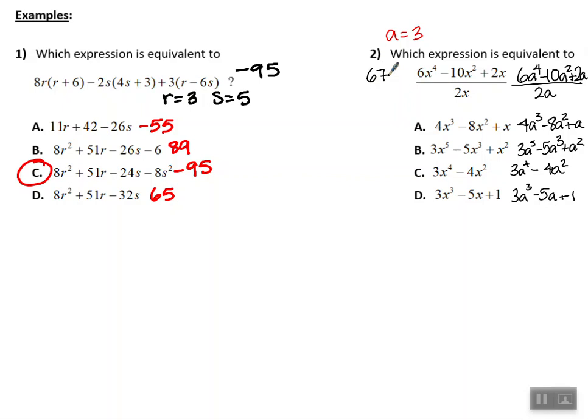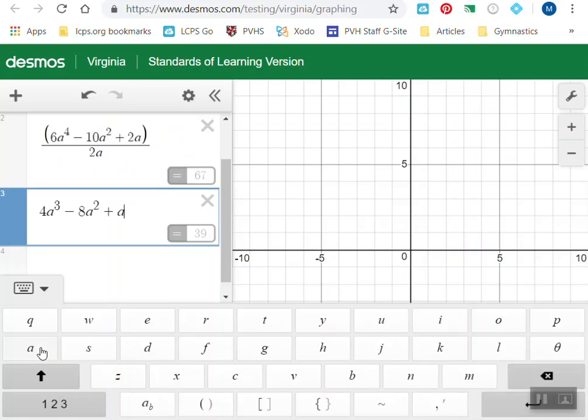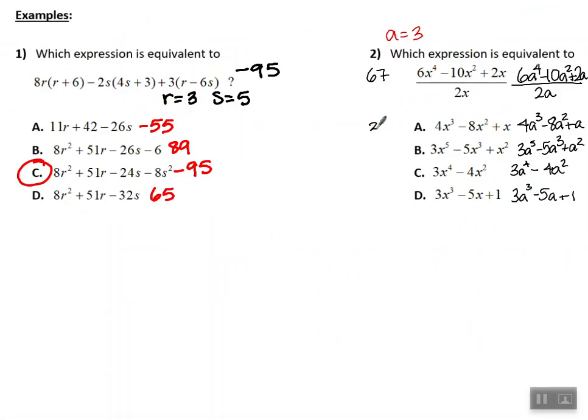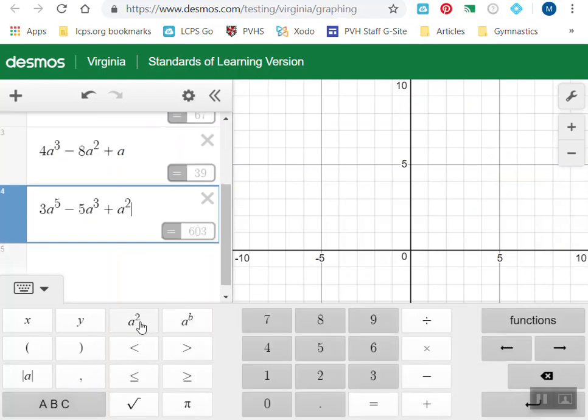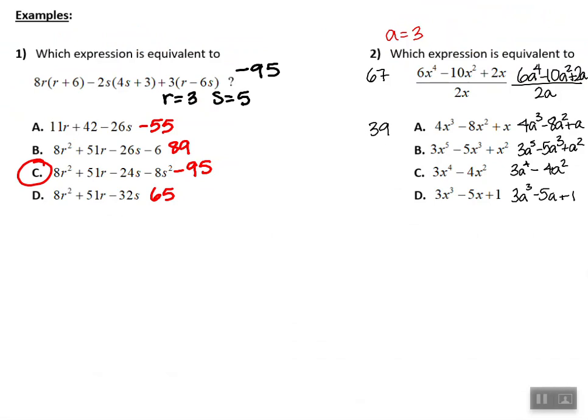Now I'm going to type in each of the answer choices and see which one gives me 67. The first answer choice gives me 39. The second answer choice gives me 603.